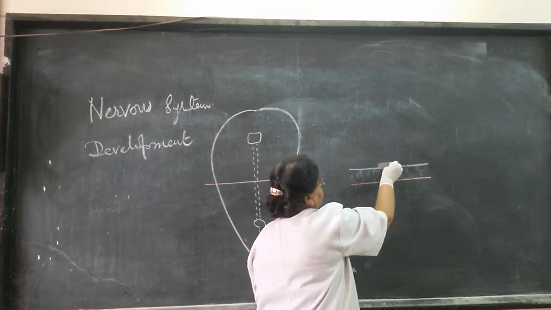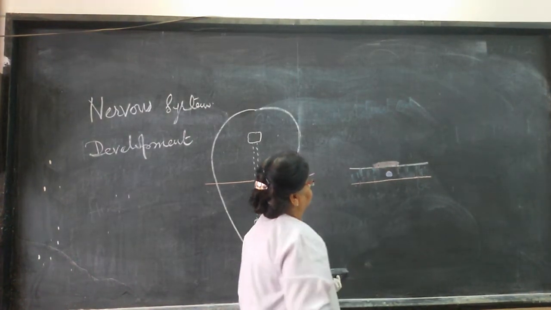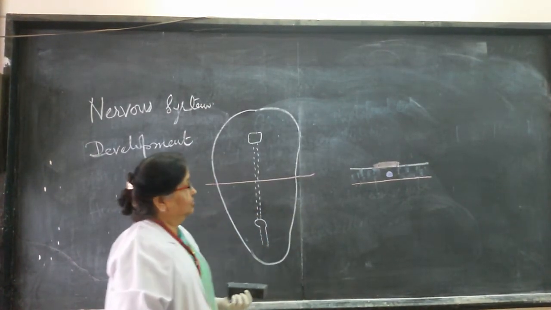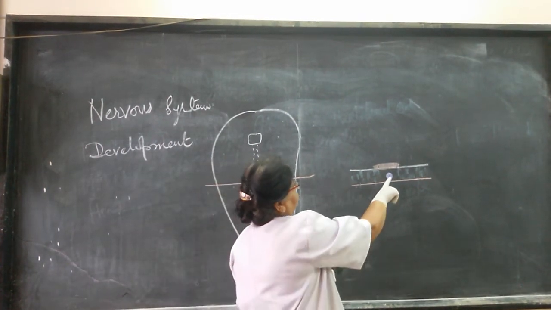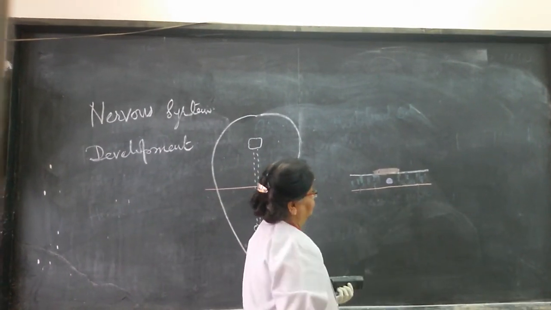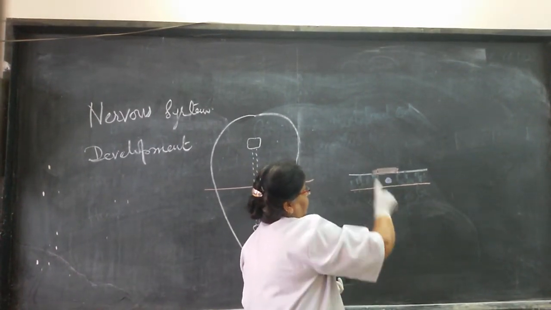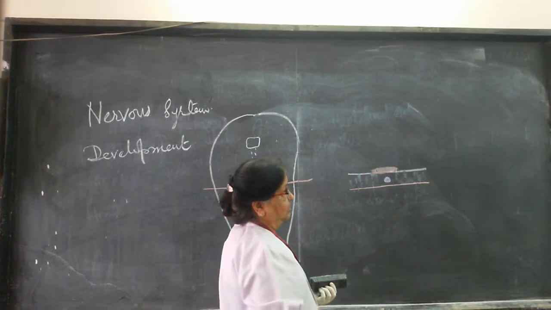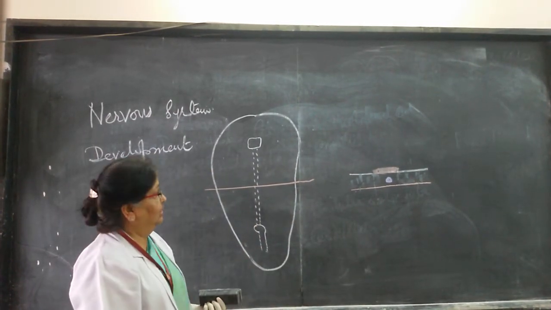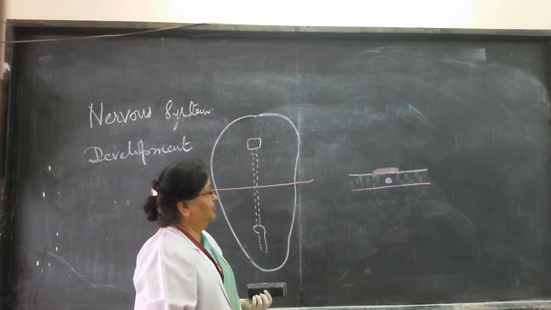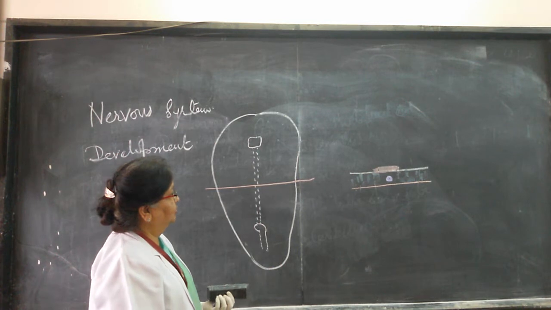This lies dorsal to the notochord, and also overlies the medial part of the intra-embryonic mesoderm. The neural plate is ectodermal, also known as neuroectoderm, and most of the nervous system is ectodermal in origin except microglia, which is mesodermal.